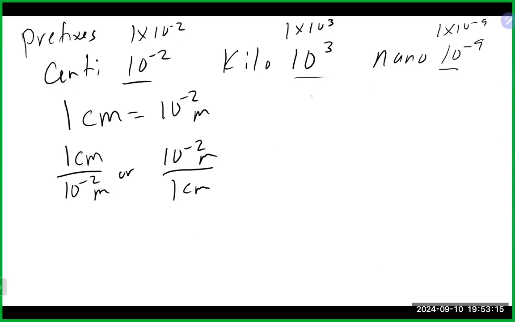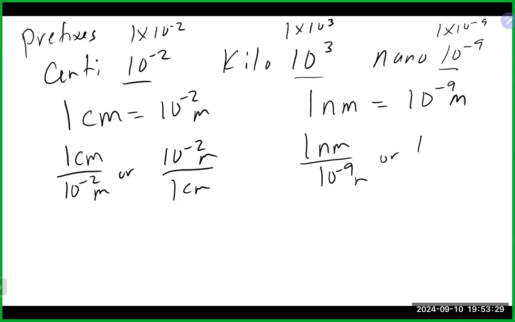And as we did before, for example, in 1 nanometer there is 10 to the minus 9 meters. That is the proper way to do that, which gives you 1 nanometer over 10 to the minus 9 meters, or 10 to the minus 9 meters is 1 nanometer. So again, you want to use this correctly.